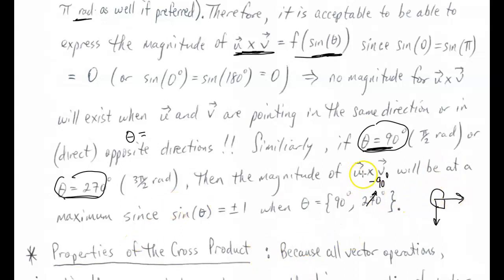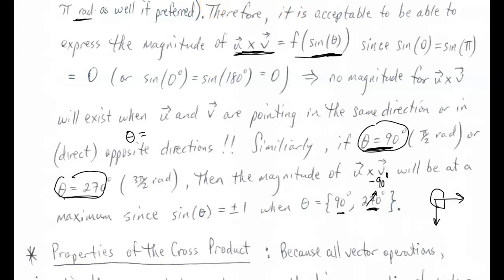So because we want the cross product to have a situation where the magnitude is going to be at most, whether it's in the same direction or opposite direction or whatever, from a perpendicular standpoint, sine theta being plus or minus 1 only occurs at these two angles whenever we're considering between 0 to 360 degrees.